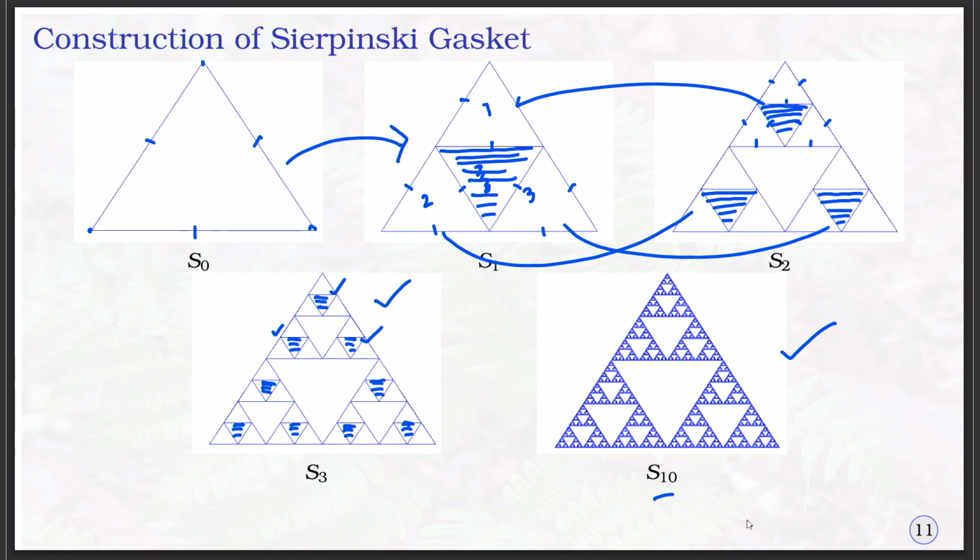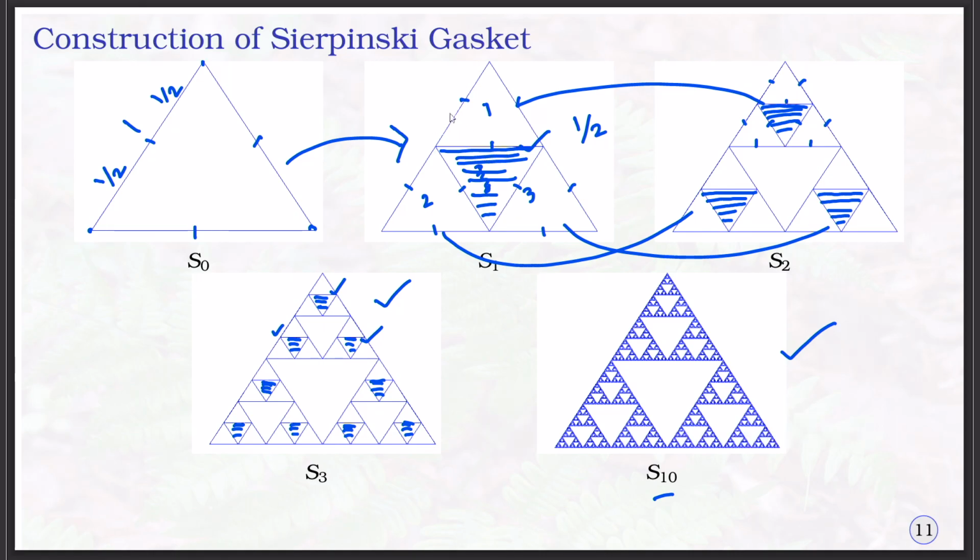So, what are the things we need to observe here? In the first iteration, we are removing the interior triangle whose side length is 1 by 2, because here it is the unit side length. So, we are dividing each side into 2 equal parts, so this side length is 1 by 2 and this is 1 by 2, and we are joining these and removing the interior triangle.